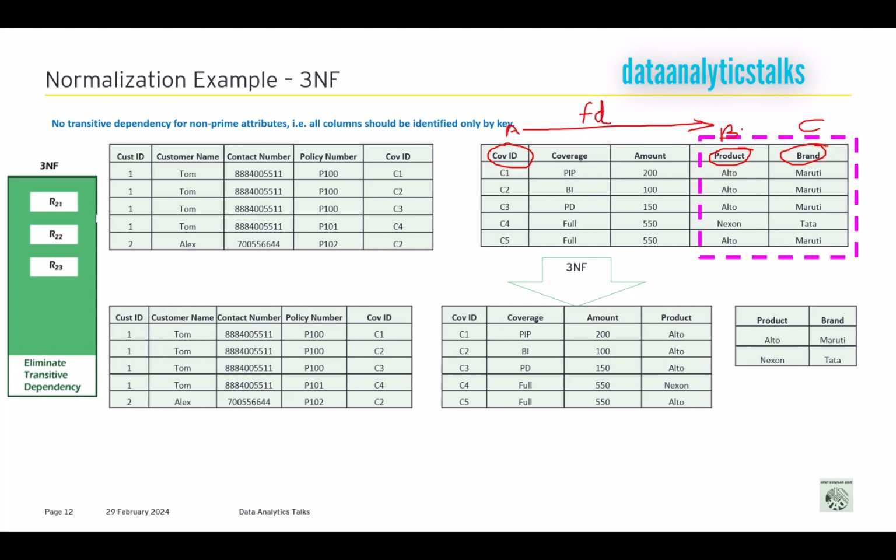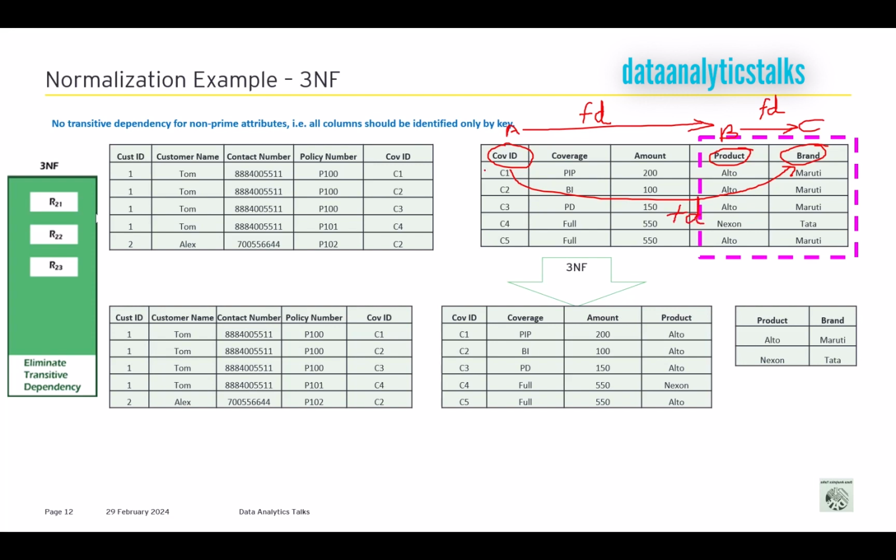When B is related to C, that is another functional dependency. You understood? But when C is related to A, or A is related to C, that is a transitive dependency.